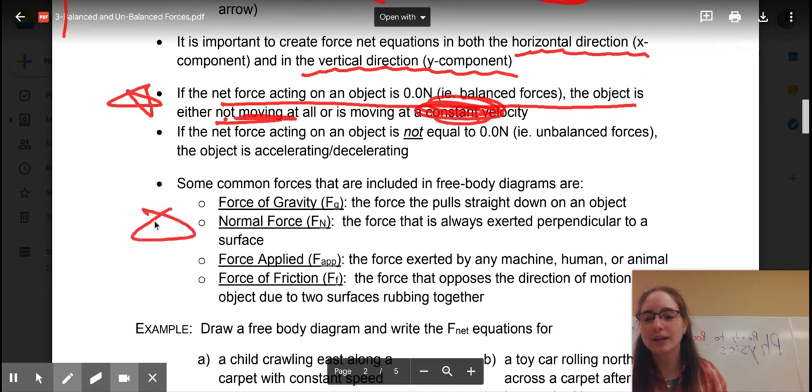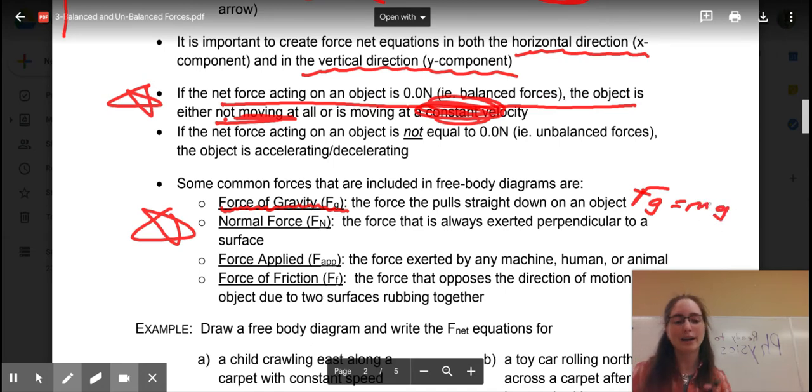Okay, so nice start there, ladies and gentlemen. The first of the forces we're going to be looking at is our force of gravity, which we call Fg. You're going to see this on your data sheet as Fg equals mg. We'll be using that equation quite a bit later when we start talking about other forces.